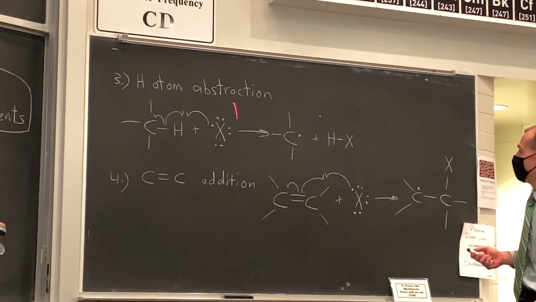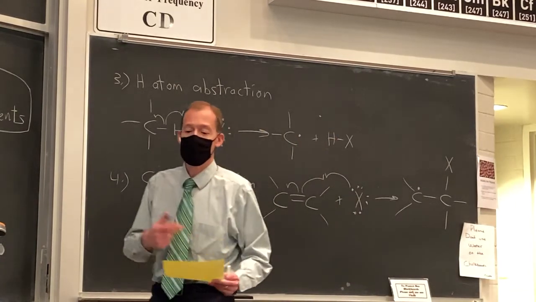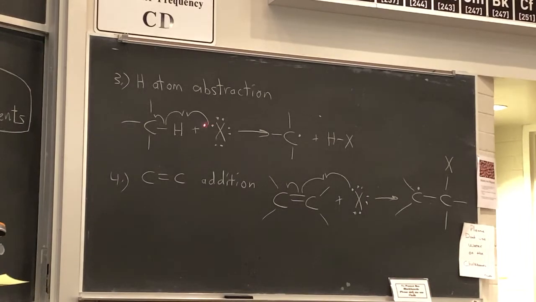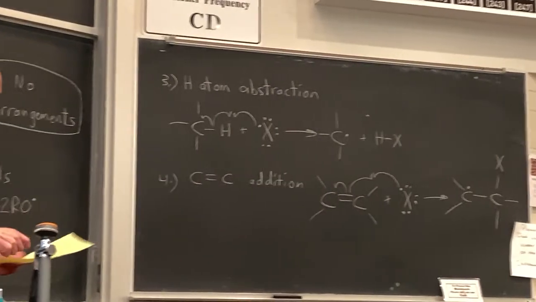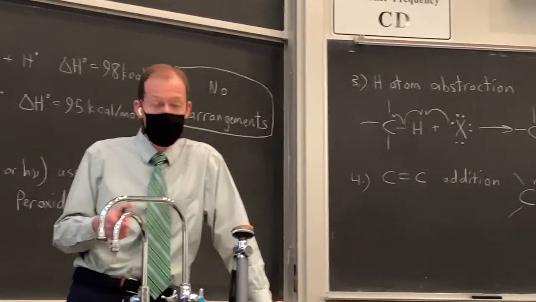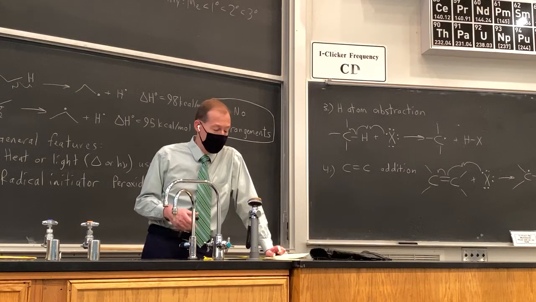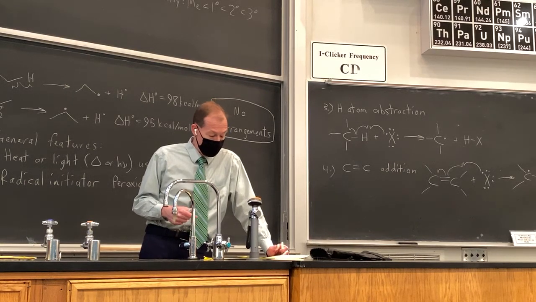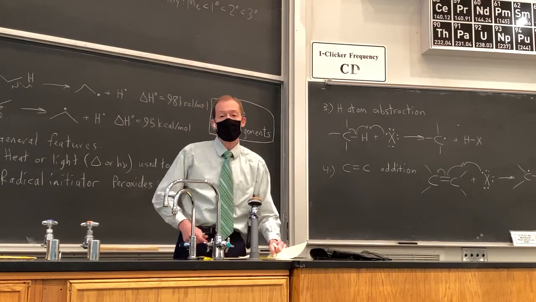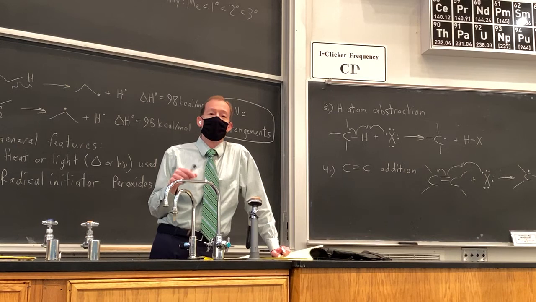So these two processes that I've shown you, very common processes that occur with radicals, you notice that they involve a radical reacting with a non-radical. And that's actually the most common thing that radicals do. They react with non-radicals. It's very rare for a radical to react with another radical species, and that's due to the fact that because radicals are high energy intermediates, their lifetime is short.